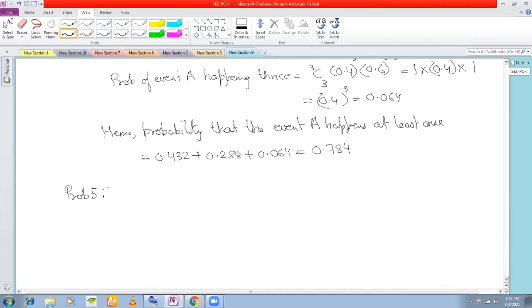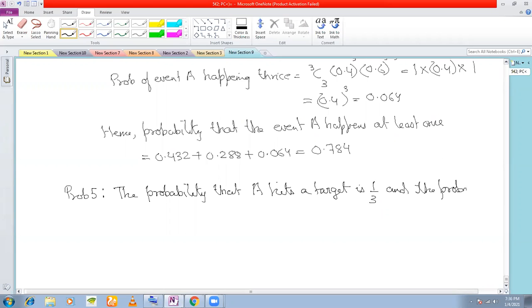The probability that A hits a target is 1/3, and the probability that B hits is 2/5.